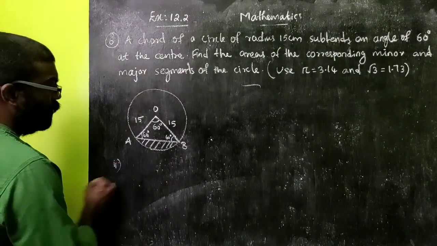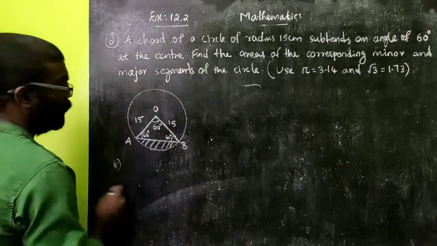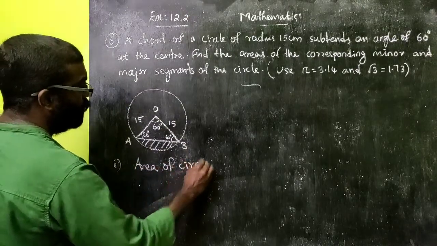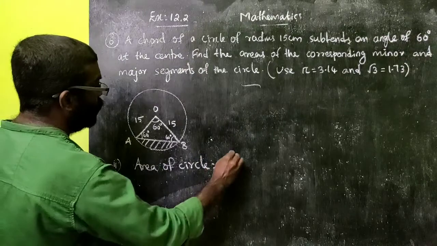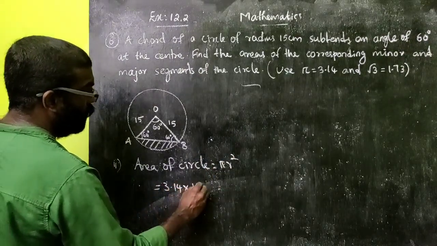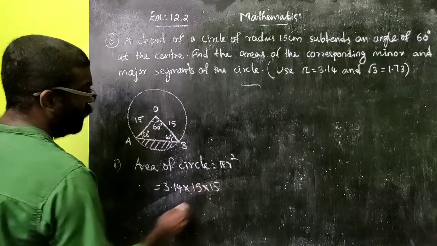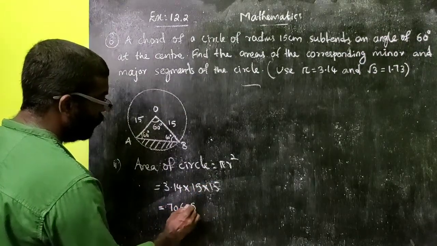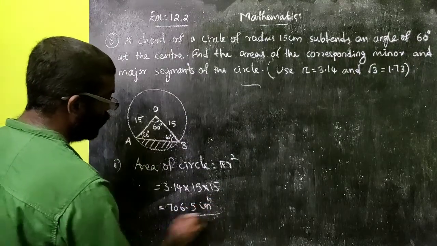Okay. So for the second one, here area of the major segment. So area of circle is equal to pi r square. That is 3.14 into 15 into 15, which is equal to 706.5 centimeter square.